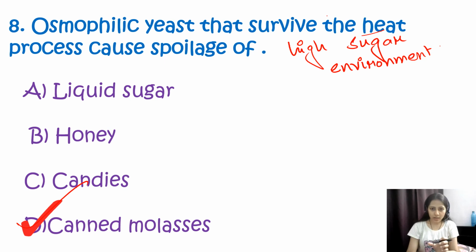But canned molasses has the right combination of high sugar concentration, and it provides a good environmental condition which allows this osmophilic yeast to survive in it and cause the spoilage of the product. So over here my correct option will be D, that is canned molasses.